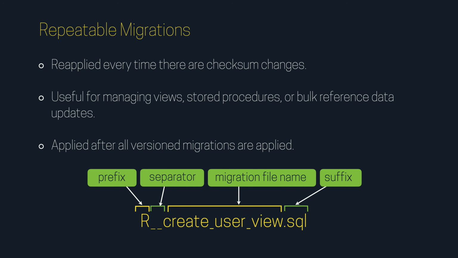Again, for repeatable migrations, we need to follow a certain naming convention, and the prefix used is R. You don't need to specify any version number because, as I said, repeatable migrations don't need to be versioned. And repeatable migrations are always applied last. So first it will apply all the versioned migrations based on the version number and the order that you define, and then it will execute the repeatable migrations.